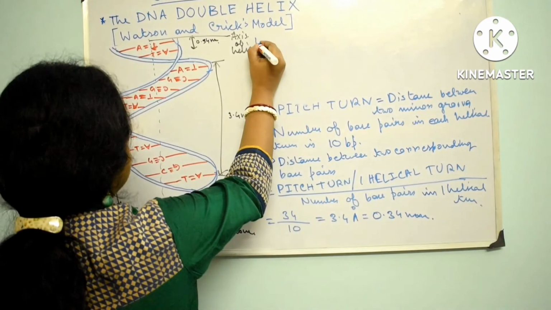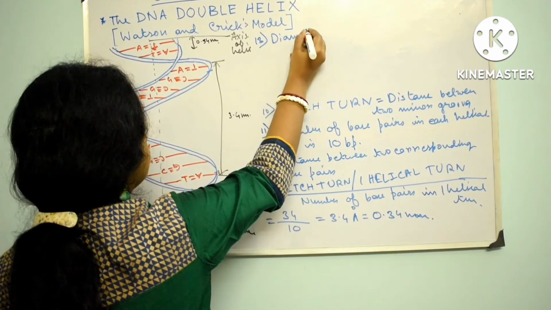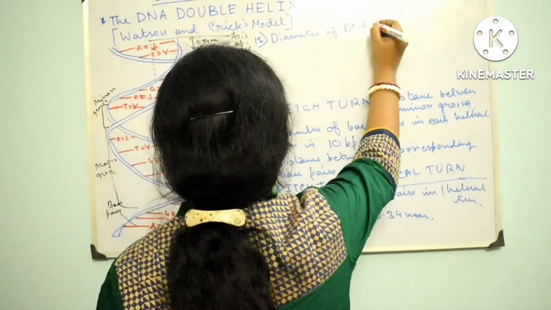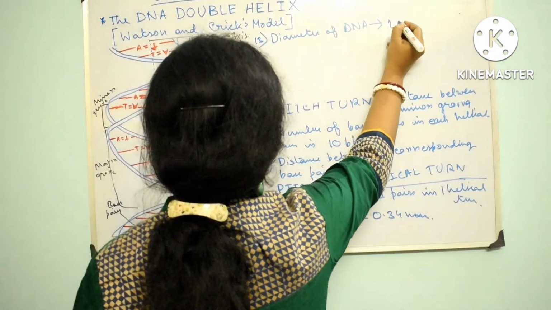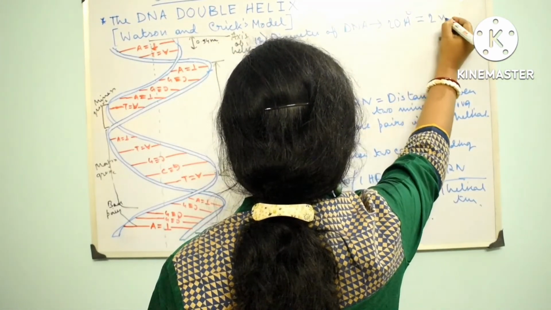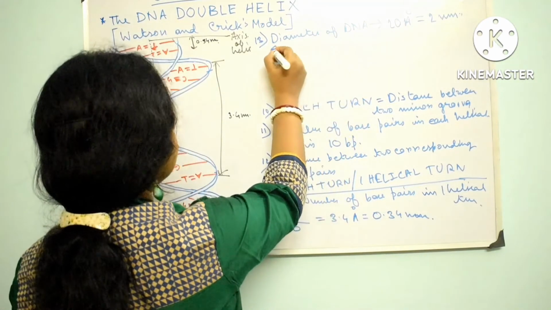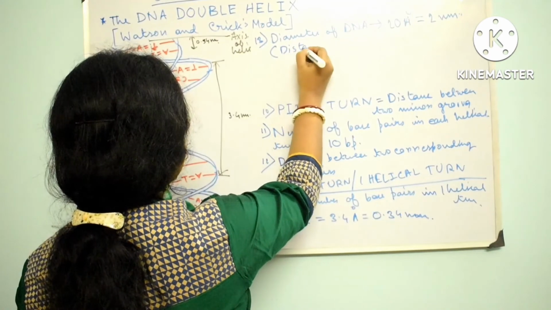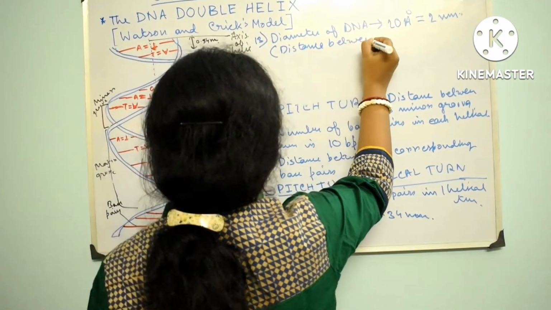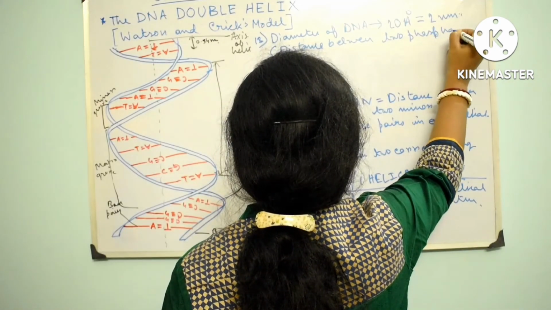Point number 13: the diameter of DNA is 20 angstrom, or 2 nanometer. What is the diameter of DNA? It is the distance between two phosphates.